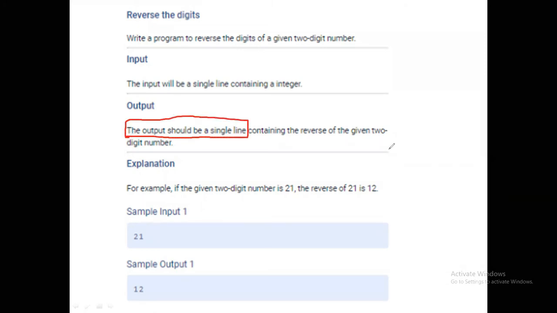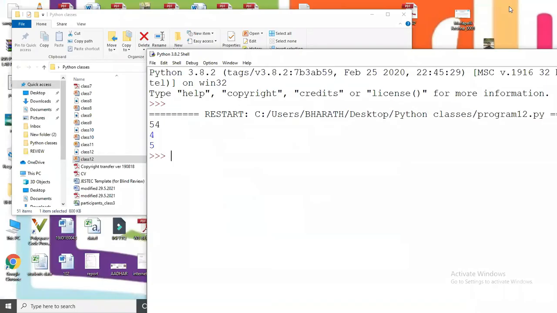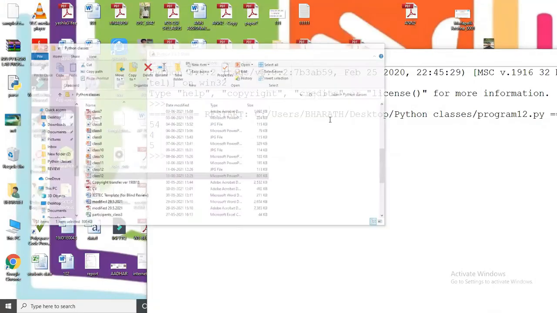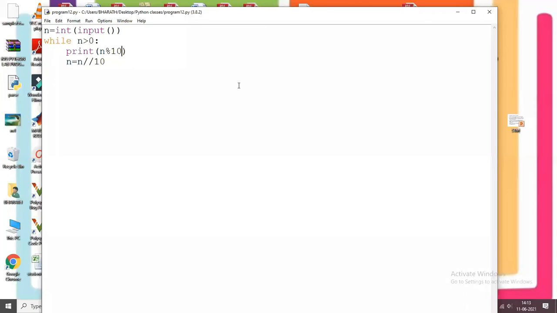So here we are going to use end equals to, that's it.